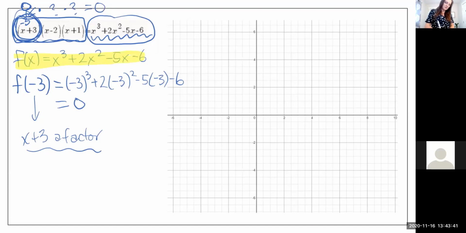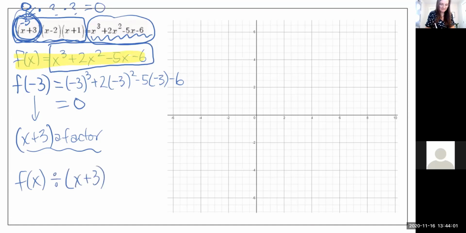So we'll learn how to choose these factors in a bit, but assuming you know that x plus 3 is a factor, then that means that I should be able to take f of x and divide it by x plus 3, and it should divide evenly with no remainder, and it should produce the rest of it, x minus 2, x plus 1, right?